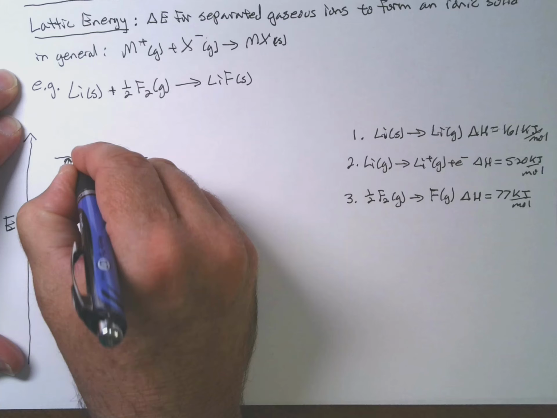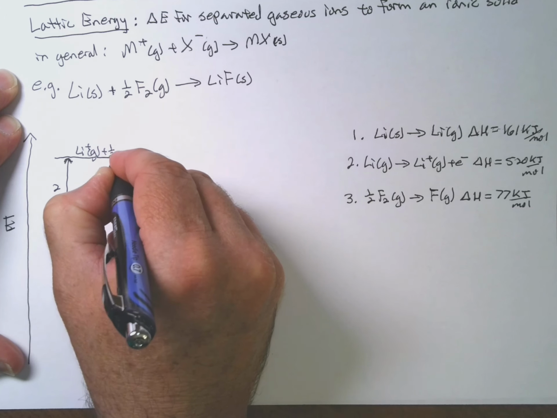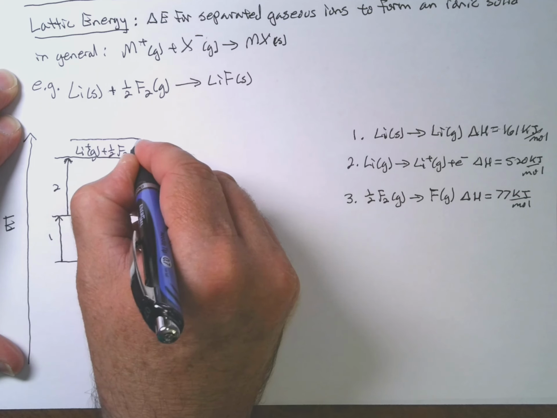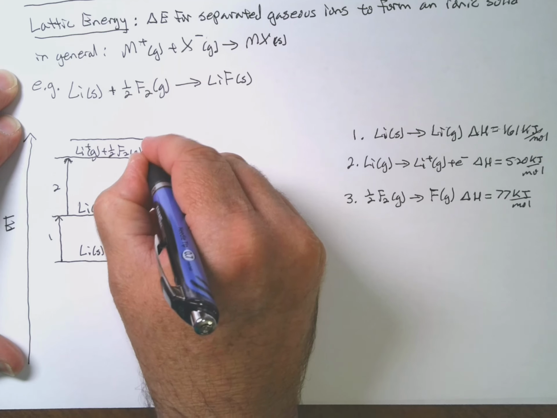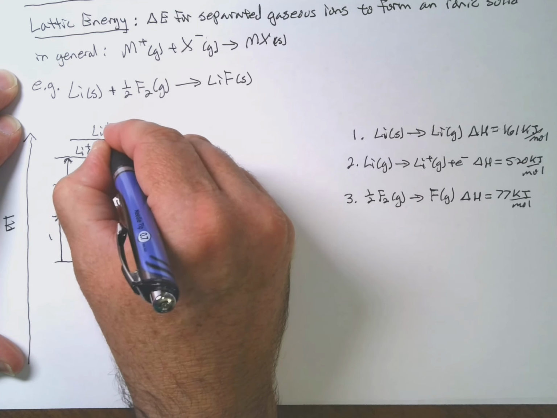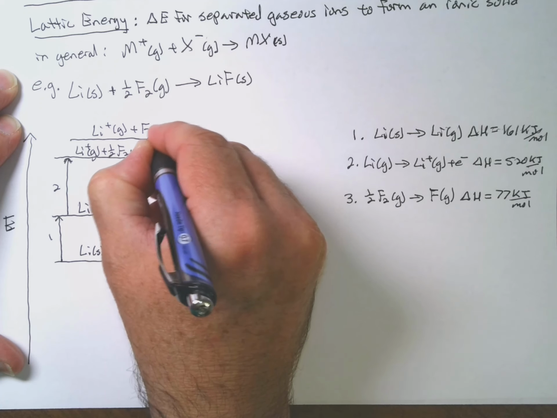So up here I've got my Li plus gas plus 1/2 F2 gas, and then it hops up just a little bit here, so this is number 3, Li plus gas plus F gas.